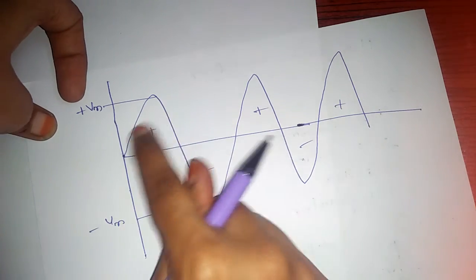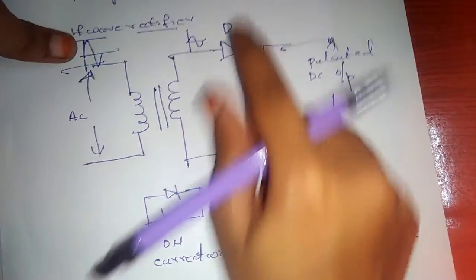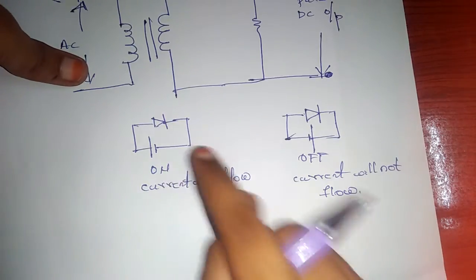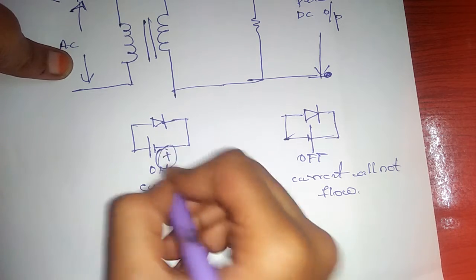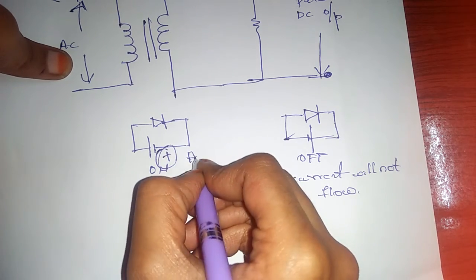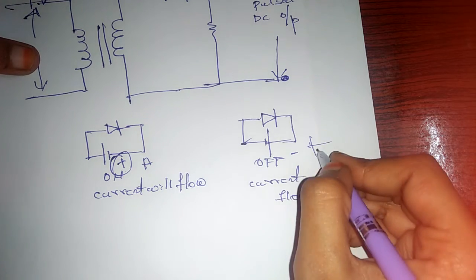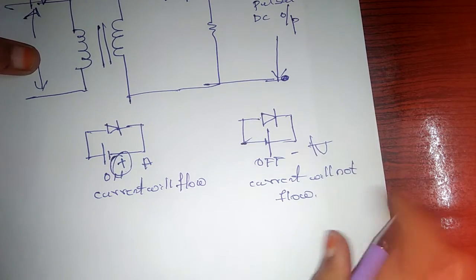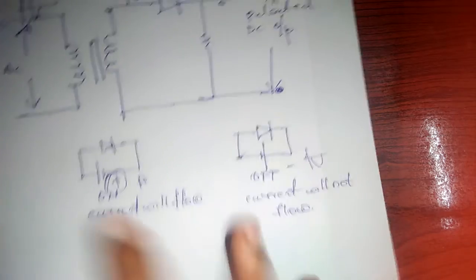In the plus sign, in the first half cycle, the diode is forward biased and acts as an on switch, so current flows. So it is given as the plus half cycle. Here it is given as the minus half cycle. For the next half cycle, it will not conduct, as the diode acts as an off switch.